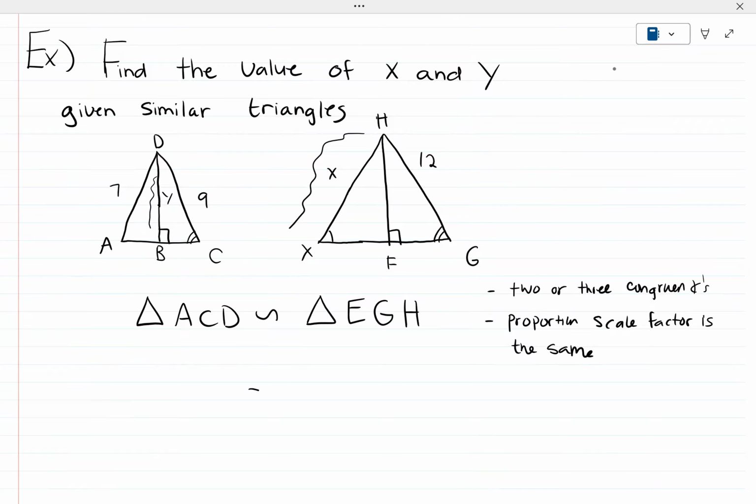So, how I'm going to set this up, maybe we could do AD and XH, right? AD over XH, so 7 over x. I did line segment AD over line segment XH. Now I have to have two known values.